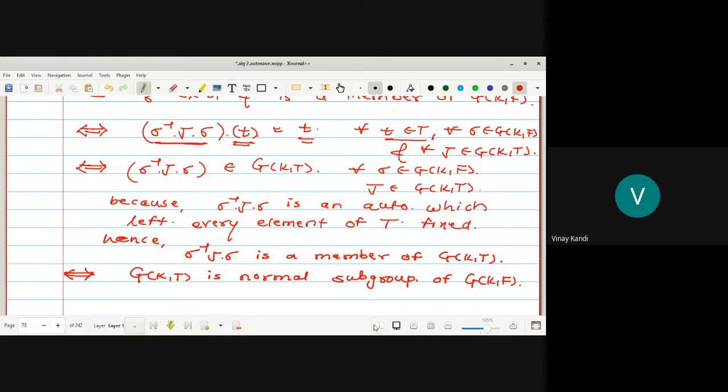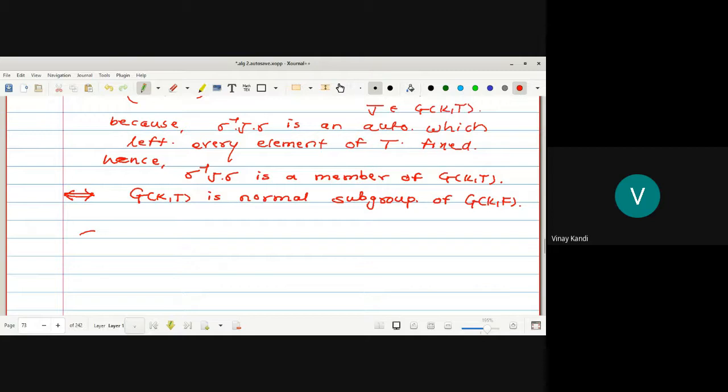Suppose G is the group, H is the subgroup of G. If you have to prove that this H is the normal subgroup of G, then we have to show that xHx inverse is H. For all elements of H, x inverse must belong to what?